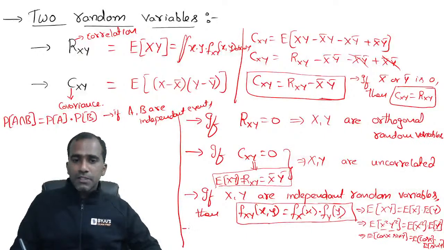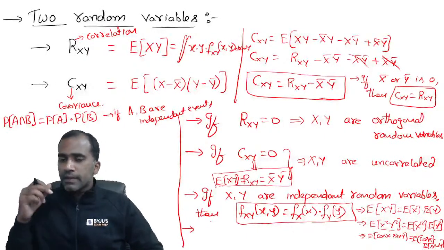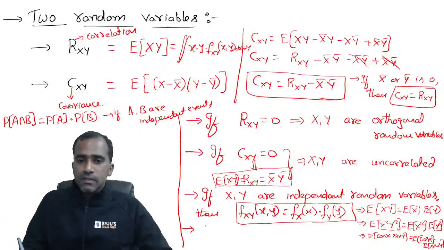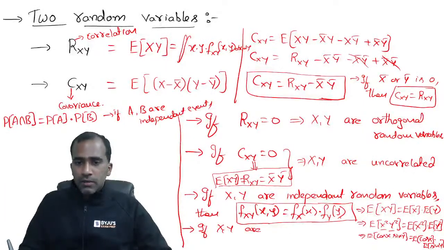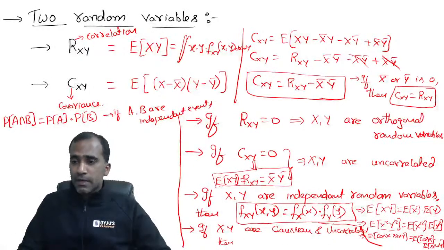There is only one special case where if two random variables are uncorrelated, they will also be independent, and that special case is if x comma y are Gaussian and uncorrelated. In general, when they are uncorrelated, we can't guarantee an independent relation.